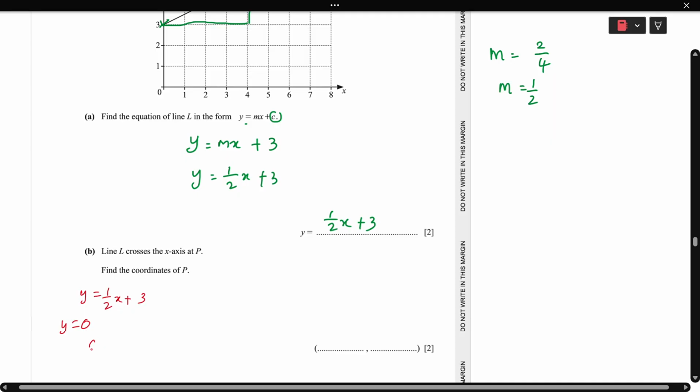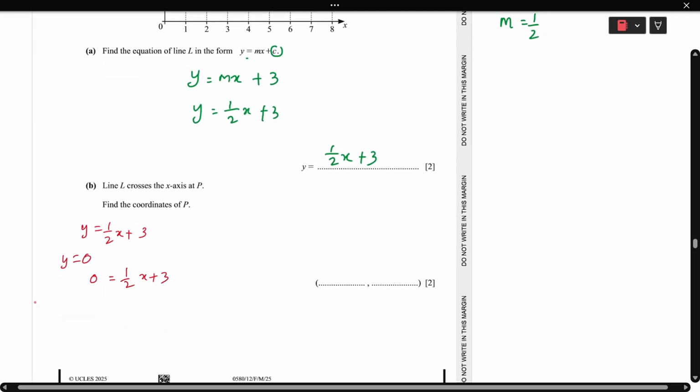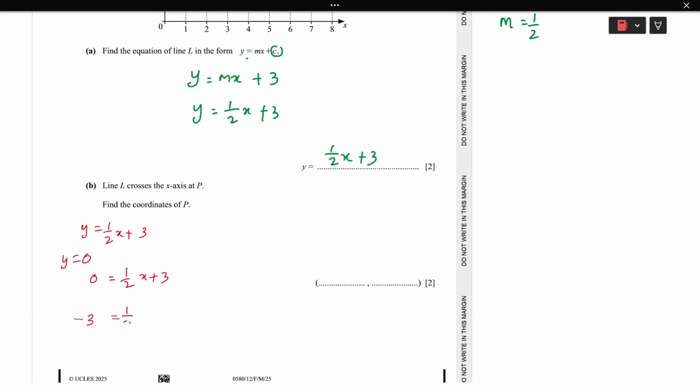So 0 equal to 1 by 2x plus 3. We'll solve for x. When we bring this 3 to the other side, it's negative 3 equal to 1 by 2x. Next, the 2 goes here, negative 6 equal to x. So we got negative 6 in x and 0 in y. That's the answer.